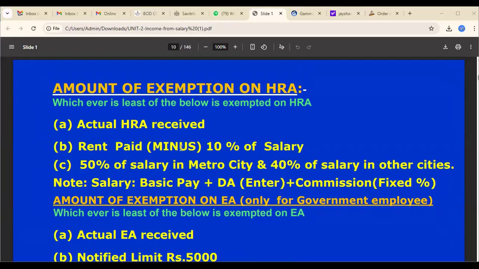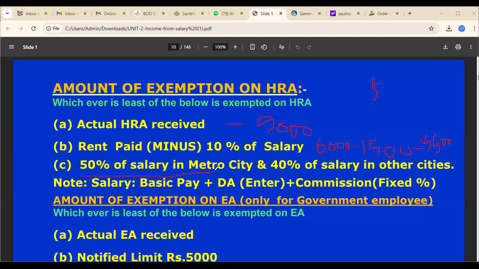For example, suppose my HRA received is 5,000, my rent paid is 6,000, and my salary is 15,000, so 10% will be 1,500. Rent paid minus 10% of salary is 4,500.